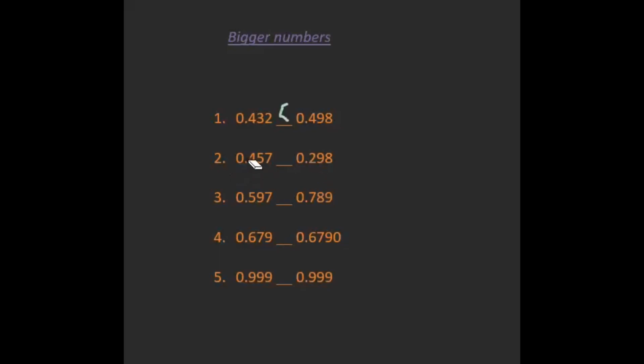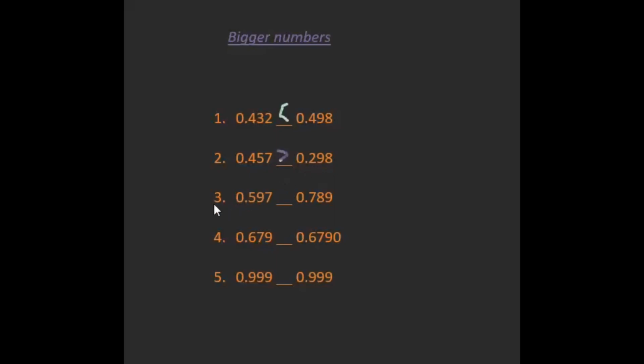Right after I erase this, okay? So since 457 is greater than 298, the same should apply to the thousandths number, the decimal number. Okay, so we know that's the answer because 0 and 457 thousandths is greater than 0 and 298 thousandths.